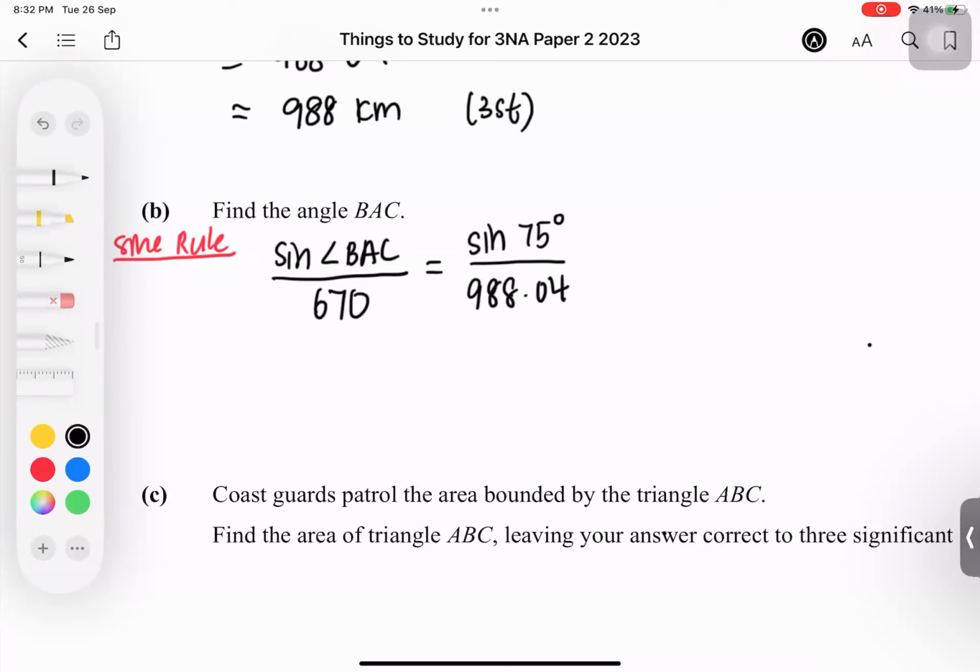Then how to find the angle? Multiply across.